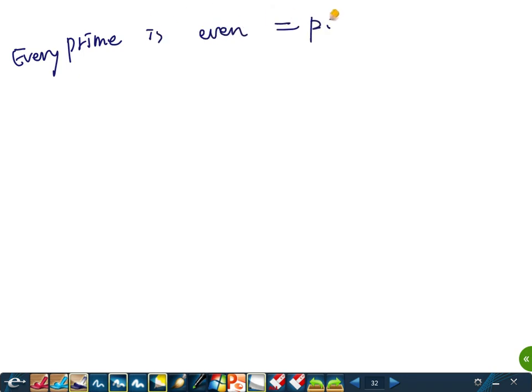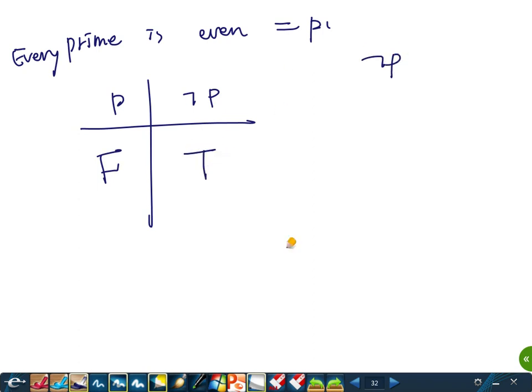Let's say this is our proposition P, and let's look at P and not P. Is this true? By the way, every prime is even? No, 2 is a prime, but every prime is even is false, because 3 is a prime number which is not even. So not P must be true, but you think not P is also false.